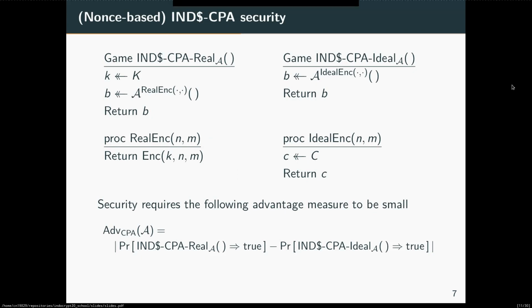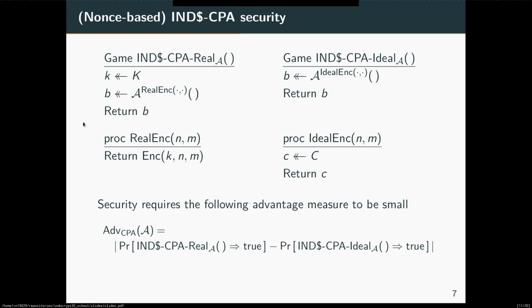And by security here, we mean the notion that you might see referred to as $CPA, so random CPA, which is indistinguishability from random ciphertexts under chosen plaintext attacks. So what we mean here is that we'll say that a scheme has that notion of security if no adversary A can distinguish between these two experiments.